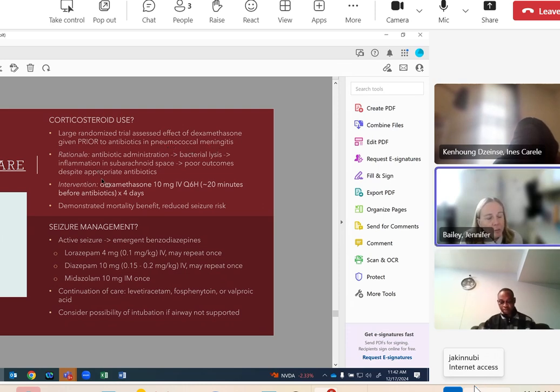What it does is helps to limit some of the inflammation that can occur when antibiotics kill bacteria. So for patients that do have pneumococcal meningitis, it is recommended for them to be given dexamethasone that is started before the antibiotics for 4 days.